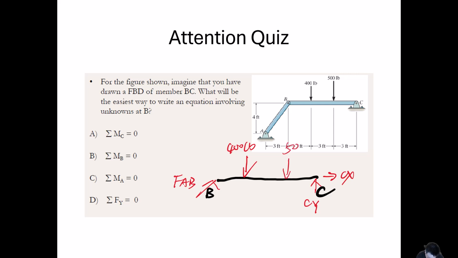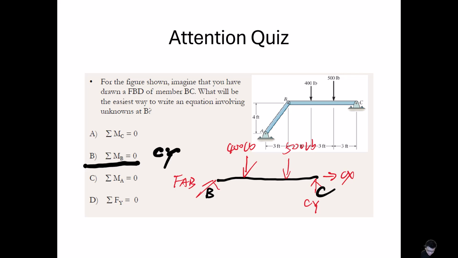We have 400 pounds, 500 pounds. Okay, which equation can we use to solve for the unknown at B? Which is the easiest way? Sum of the moment at point B. If we use this equation, we can solve CY very quickly.